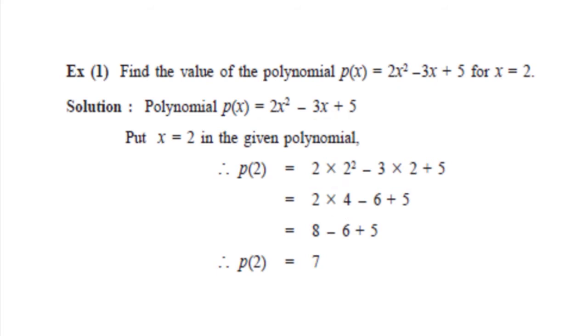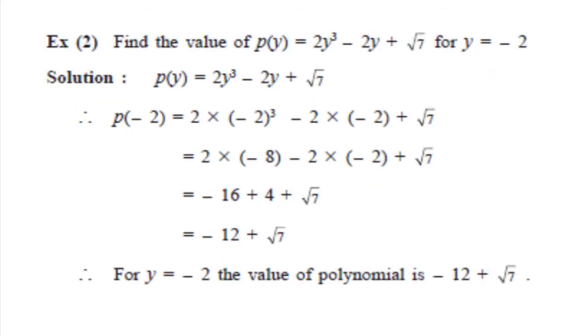Find the value of p(y) is equal to 2y cube minus 2y plus root 7 for y is equal to minus 2. Solution of this example: p(y) is equal to 2y cube minus 2y plus root 7, but y is equal to minus 2.